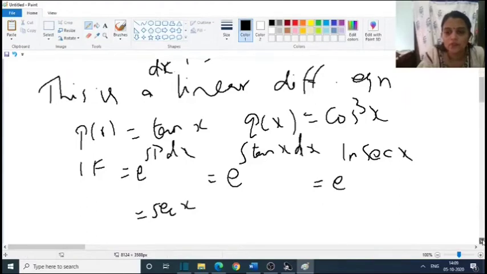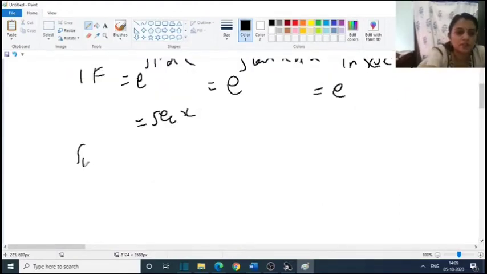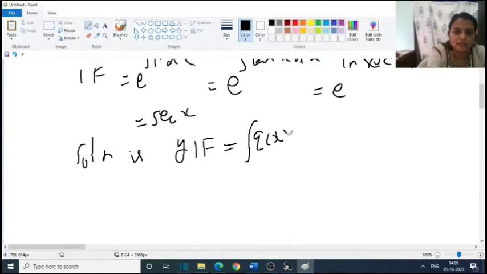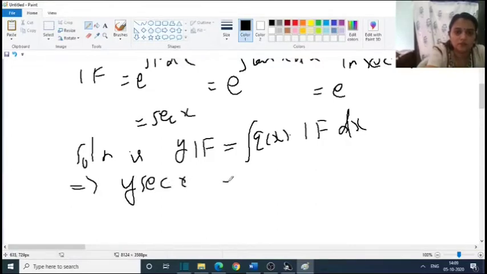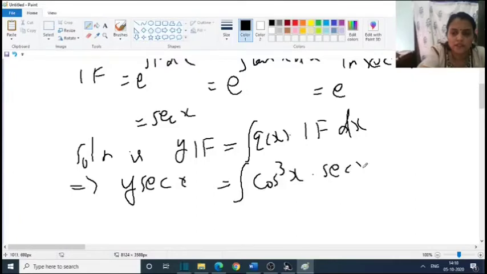So the solution of the differential equation is y into integrating factor is equal to integral of q of x into integrating factor dx. Which is y sec x is equal to integral q of x, cos cube x, into sec x dx.